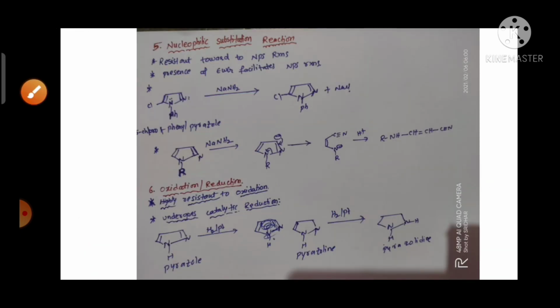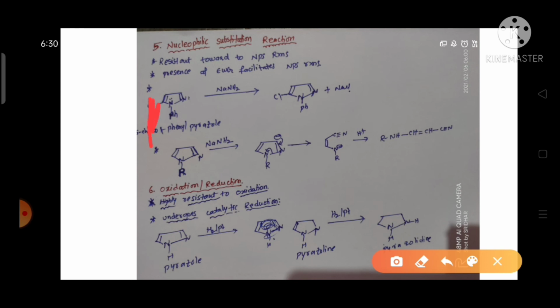Now we go for the nucleophilic substitution reactions. Generally pyrazole is most reluctant to nucleophilic substitution reactions. But if electron withdrawing groups are present on the nitrogen, that means on the first position, then nucleophiles can be somewhat easily substituted. Actually here we should not write chlorine here.